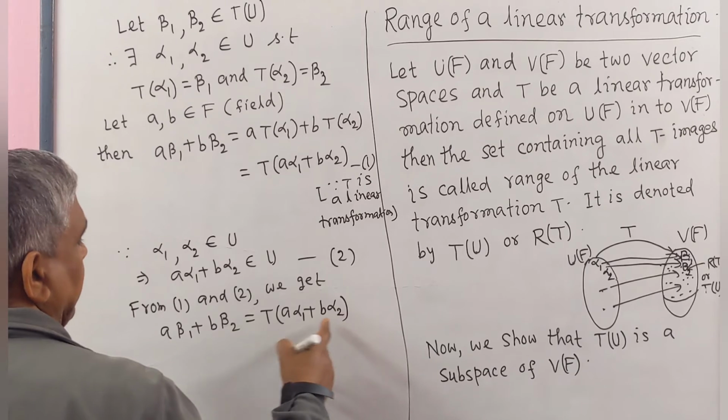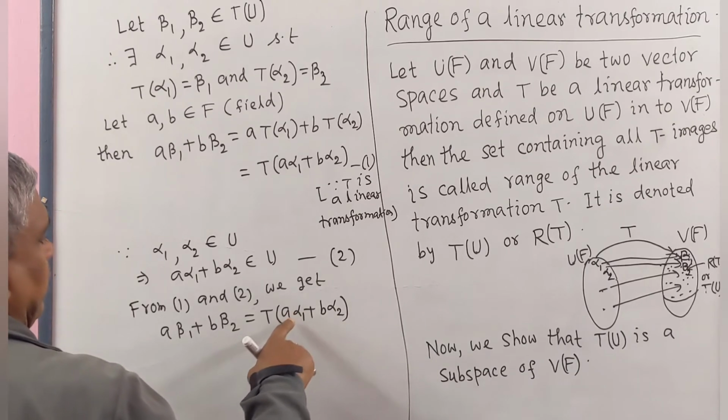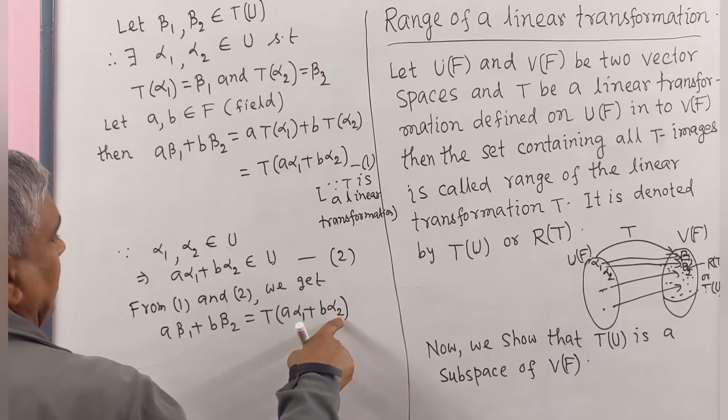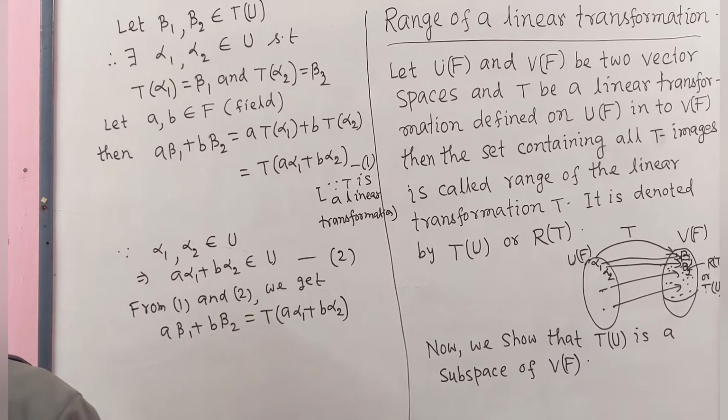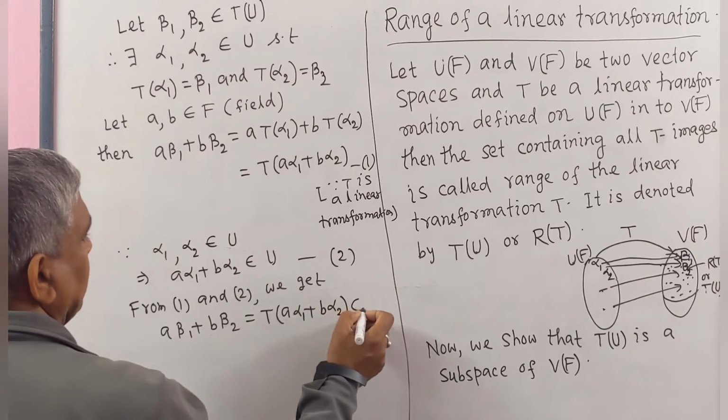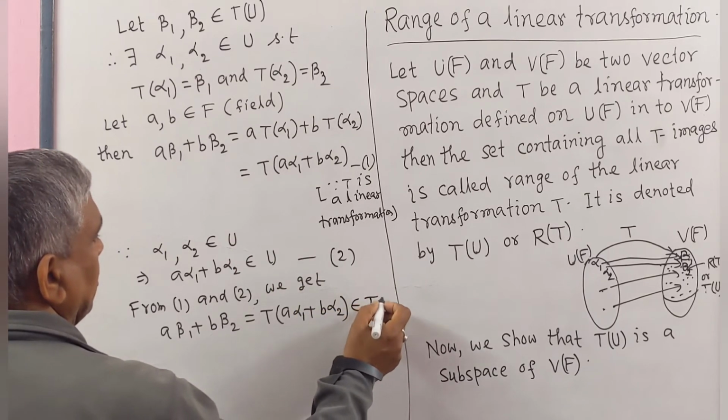This is the image of a alpha 1 plus b alpha 2, means image of an element of U. That means this belongs to T(U).